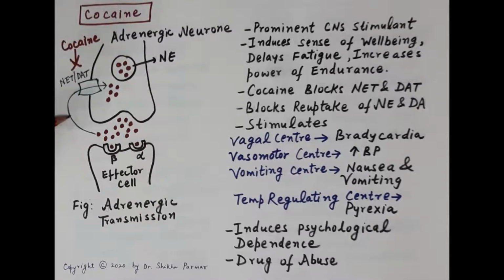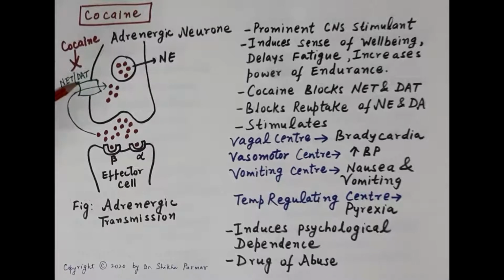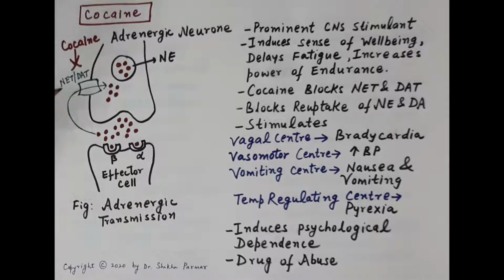It blocks the reuptake of noradrenaline or norepinephrine in the adrenergic neurons by inhibiting the norepinephrine transporter, and it also inhibits the reuptake of dopamine into the dopaminergic neurons by inhibiting the dopamine transporter. So cocaine inhibits the norepinephrine transporter and the dopamine transporter, thereby inhibiting the reuptake of norepinephrine and dopamine.